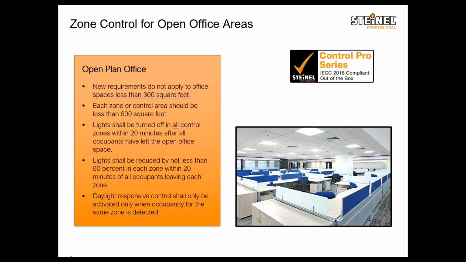And then all the lights in all the zones shall only be turned off within 20 minutes after all of the zones are vacated. So you can dim down or turn off completely each individual zone once it's vacated, but you can only turn off all of the zones when everyone has left all of the zones, like there is no one in the whole open office area.